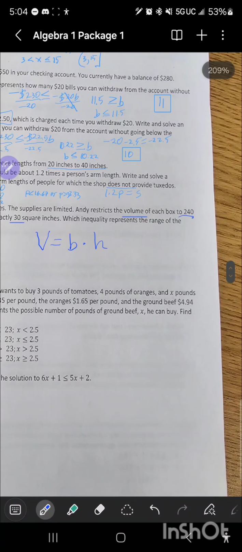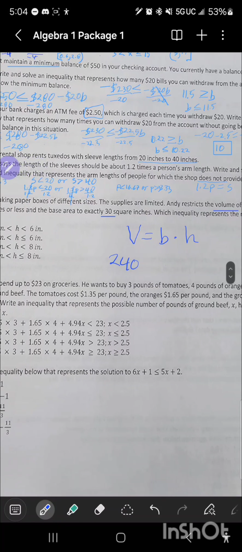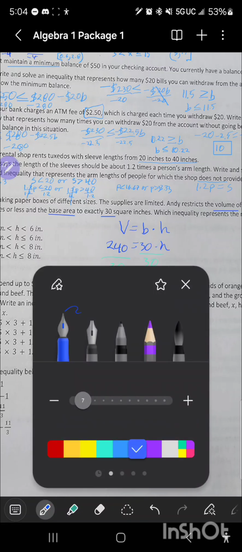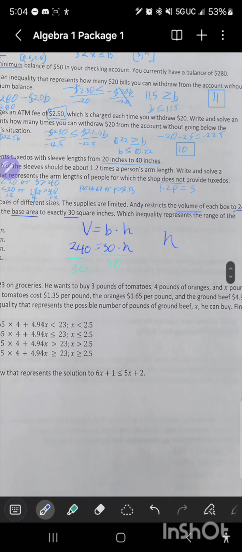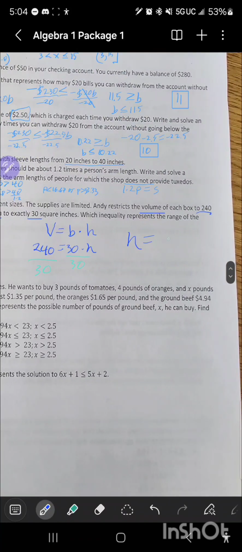So if I know that the volume is 240 and the base area is 30, I can just substitute the values and I'll get my answer very easily. Now I just need to divide both sides by 30 and I get that the height equals 8.